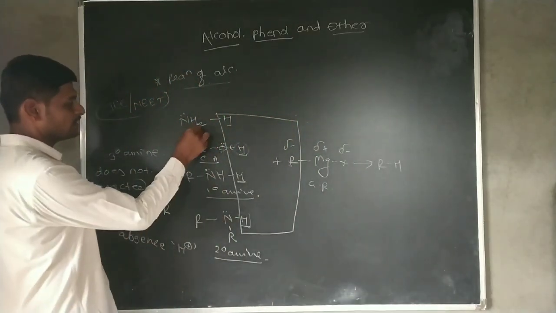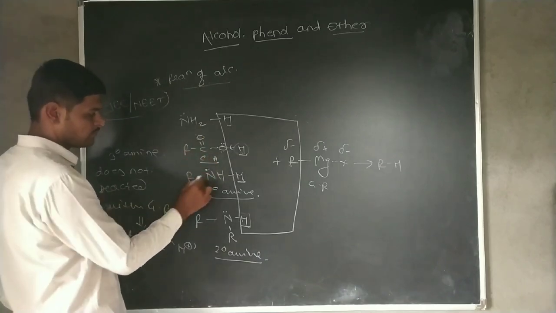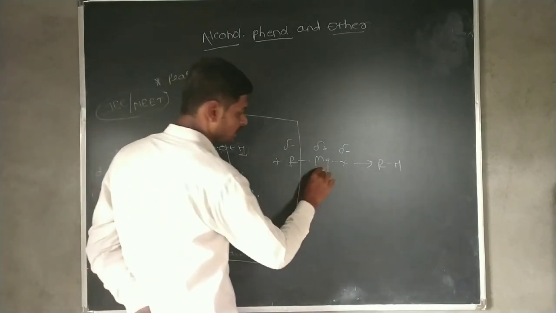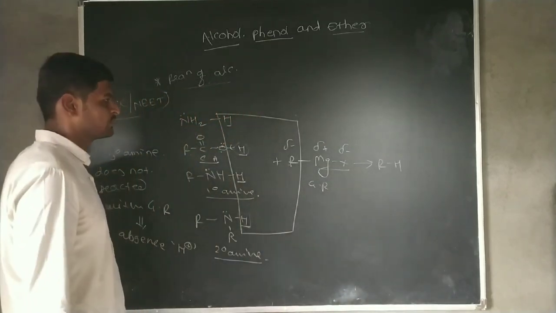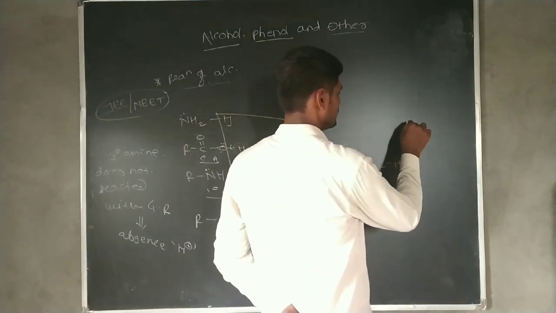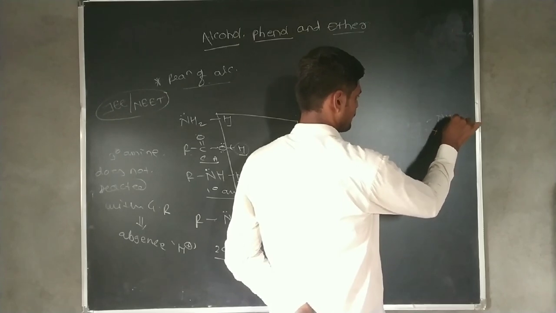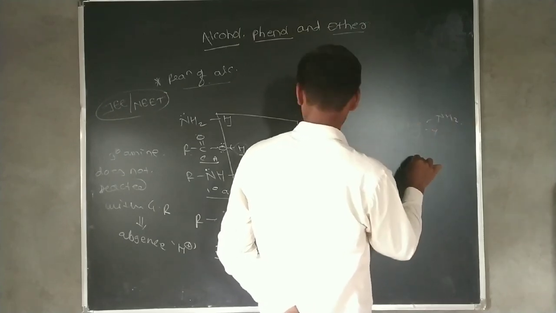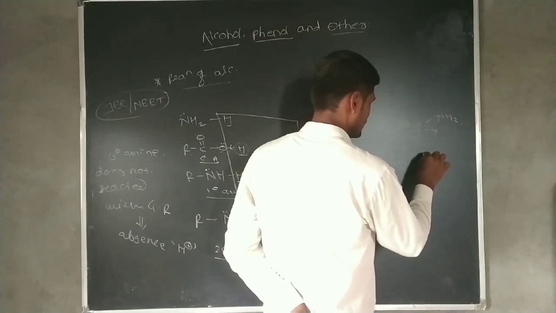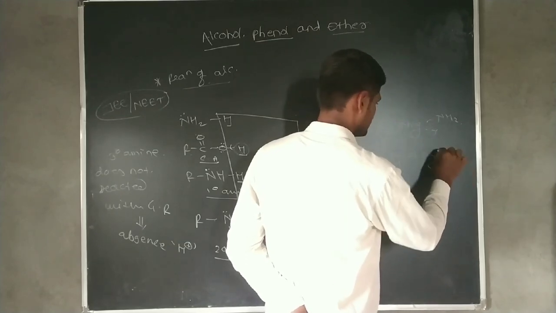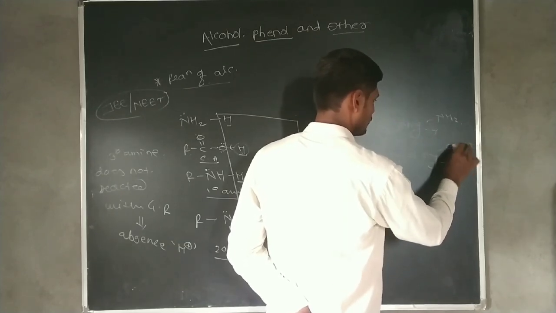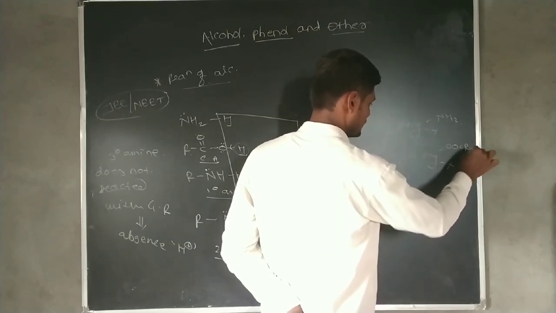And the remaining negatively charged part combines with MgX. In case of ammonia, MgXNH2 is formed. This is the first. In case of carboxylic acid, MgX with OCOR attached here.